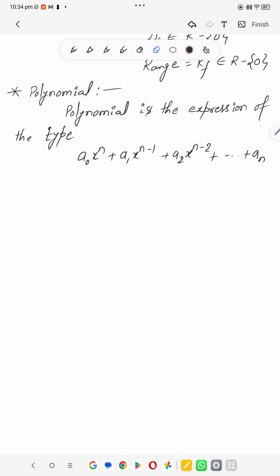This is known as the polynomial, where a0, a1, a2 dot dot dot an belong to R.